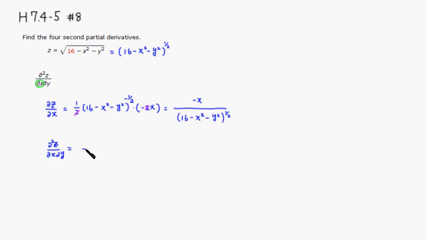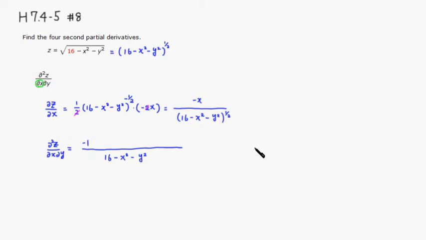You have a big fraction, so square the bottom guy, which is simply 16 minus x squared minus y squared. And the derivative of the top is going to be negative 1.